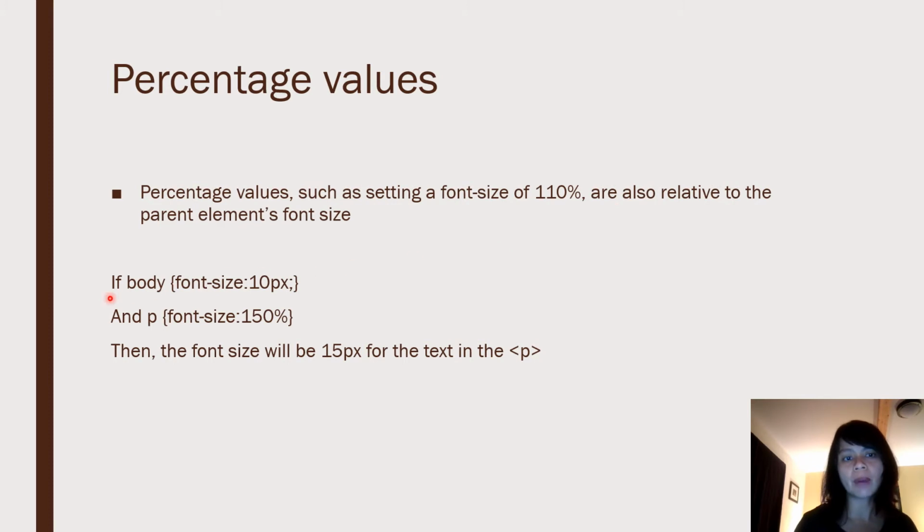So I keep talking about the parent, so what's the parent? So body is the parent of the P tag, because the body is always outside and the P tag, like the child, is inside of it. So if the body is 10% and the P tag's font size is 150%, then the font size would be 15%. So 150 times whatever the parent is. Okay.